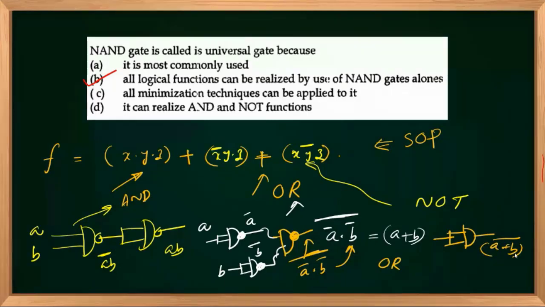All Boolean functions can be implemented by using, what is the dual of NAND? NOR gates, correct? Dual of NAND is NOR.